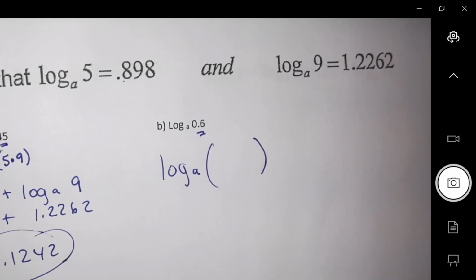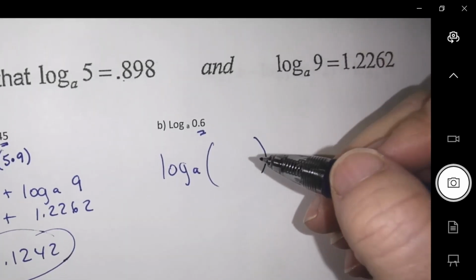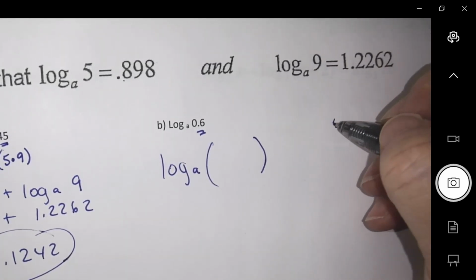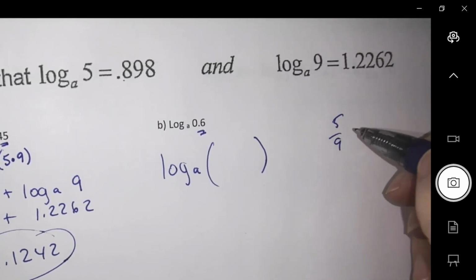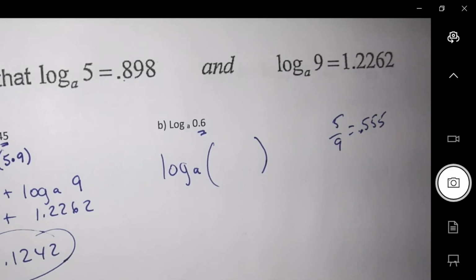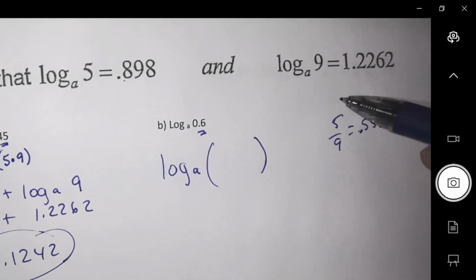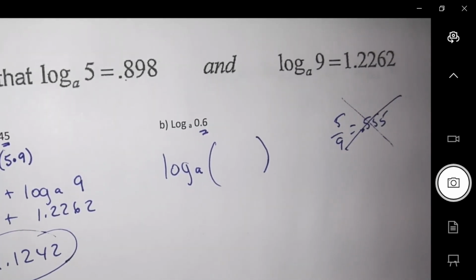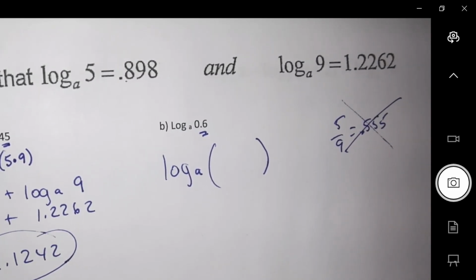And I have one on the test that might be about this difficult. What did you say? 5 divided by 9 is 0.55555, which is not 0.6. Which is sometimes what people would have done on the test because they think it rounds. I want exactly 0.6.